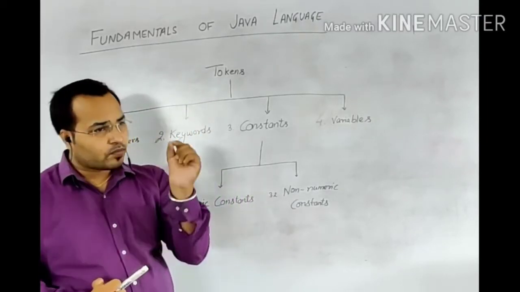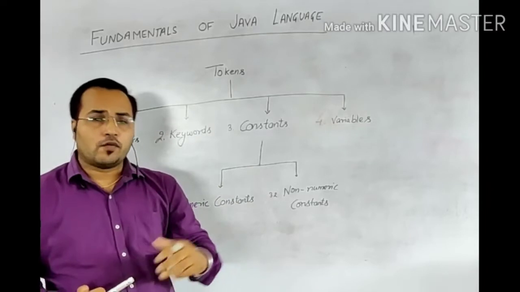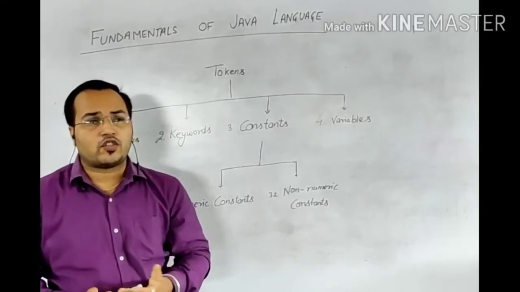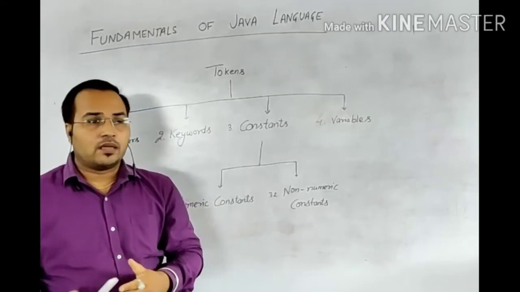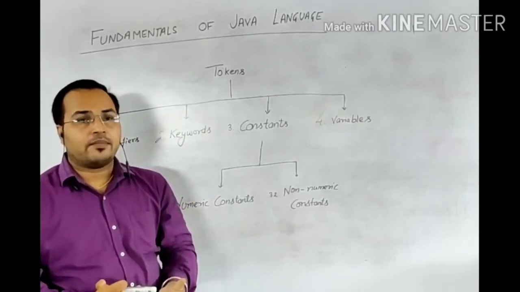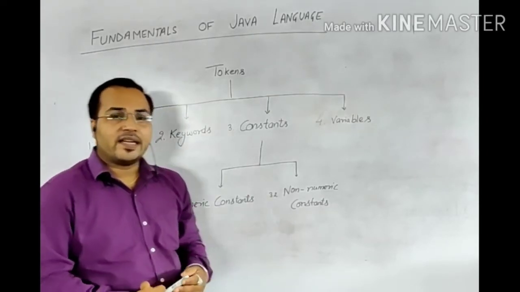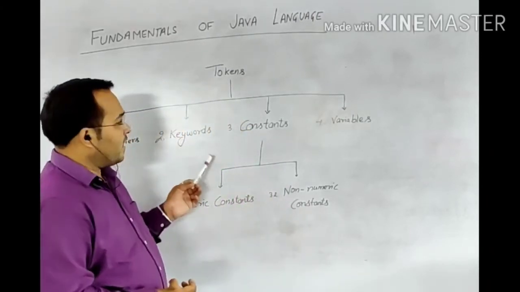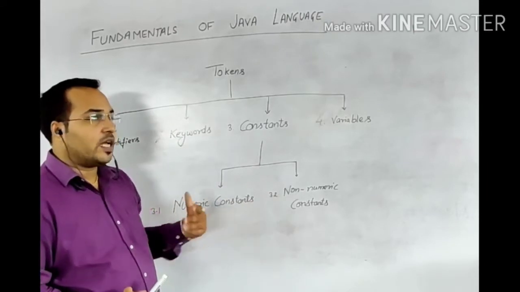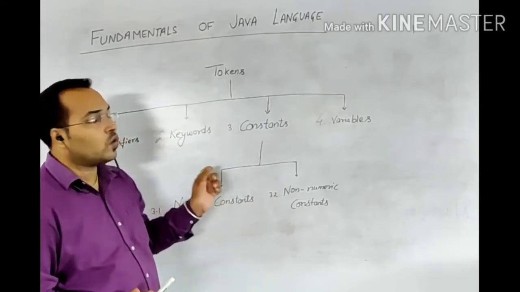Suppose you have written class Pen. Now which type of class do you have? Pen, car, animal. Whenever you give any name, it identifies which type of item you are making or which type of thing you are going to design.